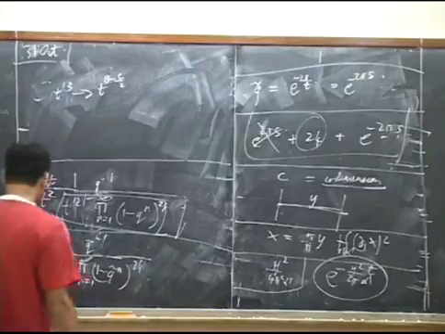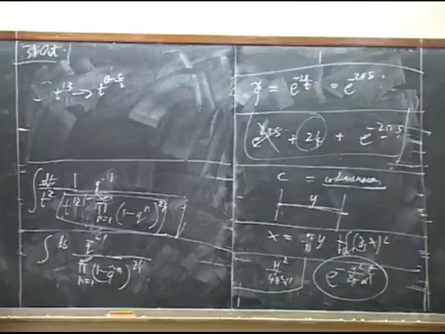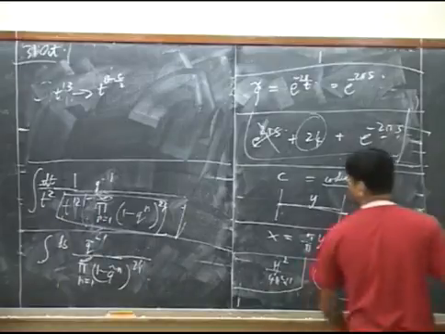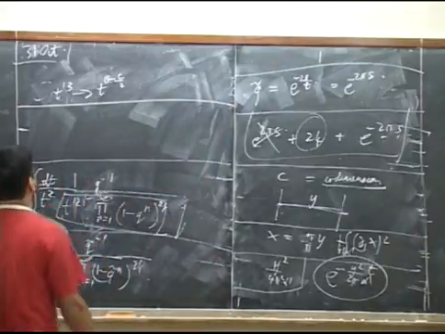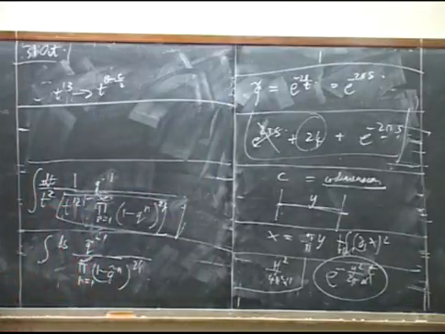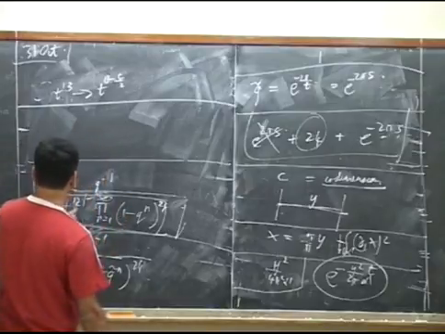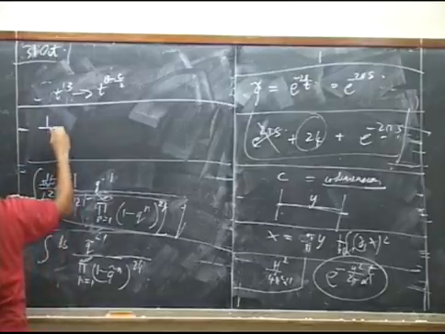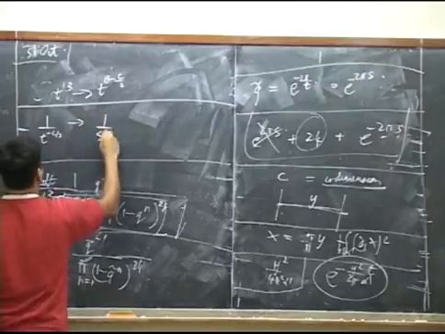Then what do we get once we make this transformation to s? We had an additional factor of 1 over t to the power minus c by 2, which will go to a factor of 1 over s to the power c by 2.